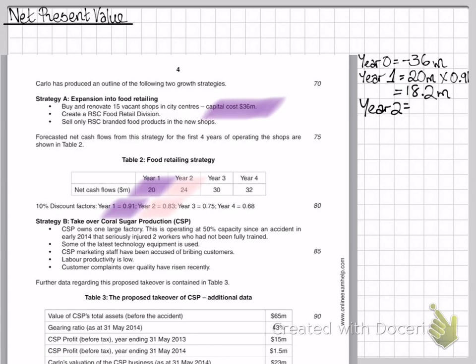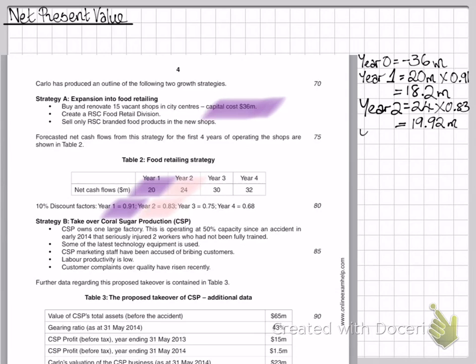It is 24 million multiplied by the discount factor of 0.83. This gives us an amount of 19 million.92.